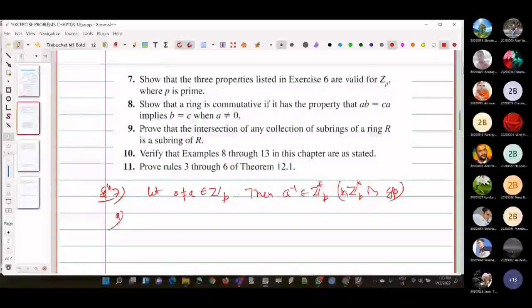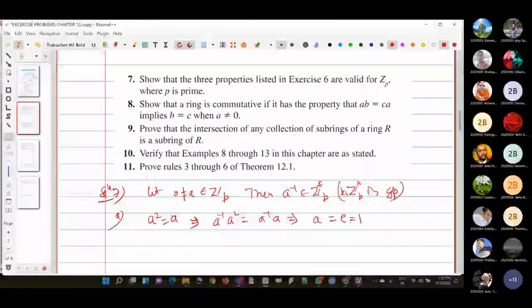The first part is a squared equals a. This implies that because a is a non-zero element, its inverse exists. We can take the product of a inverse from the left. So in the left-hand side we have a, and in the right-hand side we have the identity, let us write e or 1.